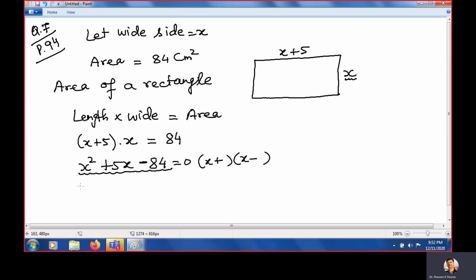If you find the factors of 84, there will be many factors. What you can do is take the factors of 84 on this side.